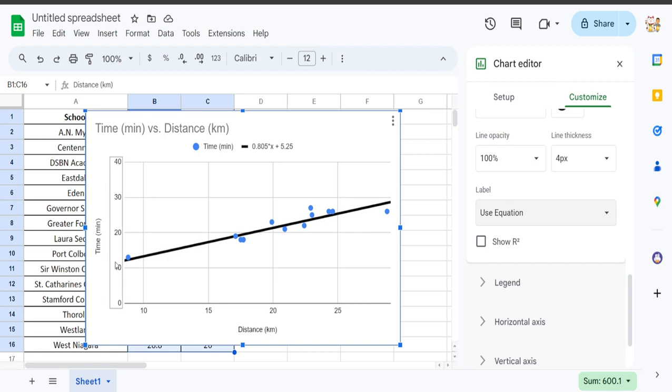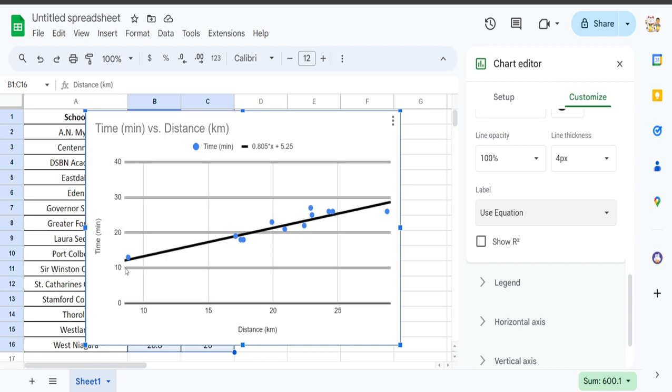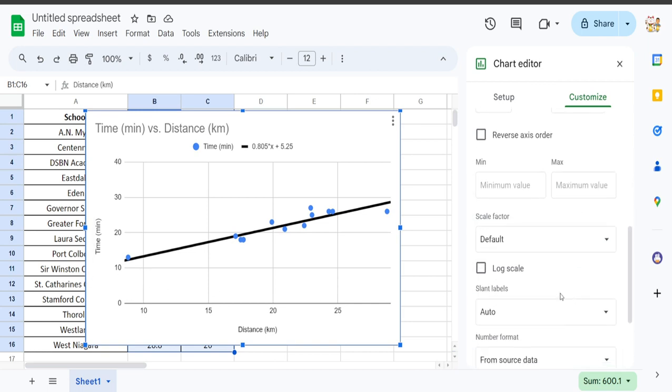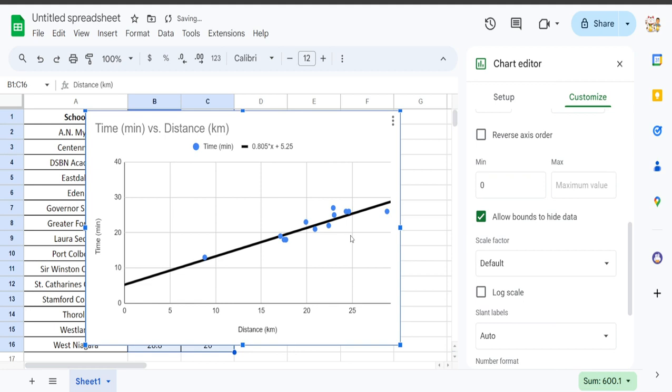So if I go back and take a look at my graph, we notice that the line of best fit does not have to go through 0. It's okay to go through a value. Obviously, the scales are a little bit off. We don't see them fully, but this would go through if we were to extend it. See if I can extend it or make it minimum value 0. There we go. So now I can see it a little bit better.